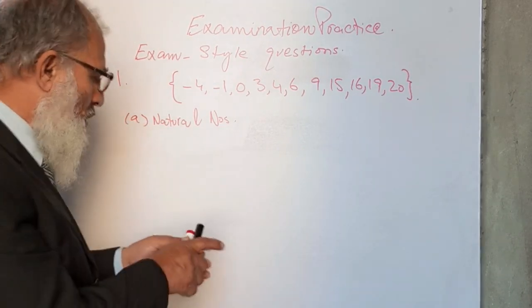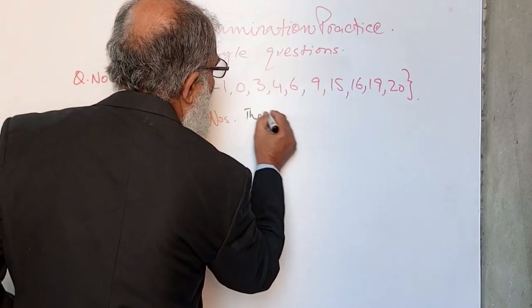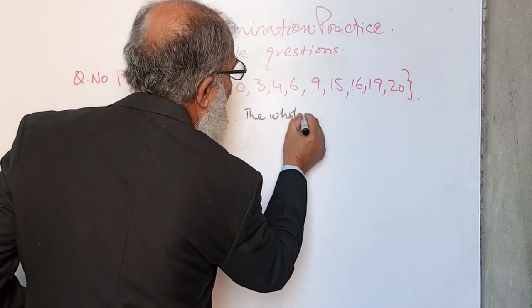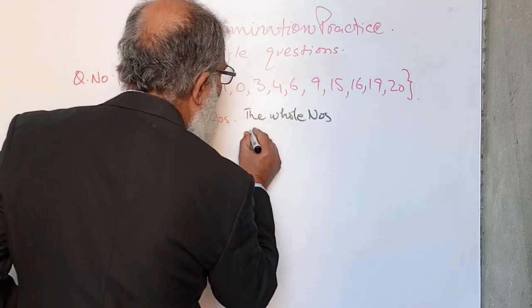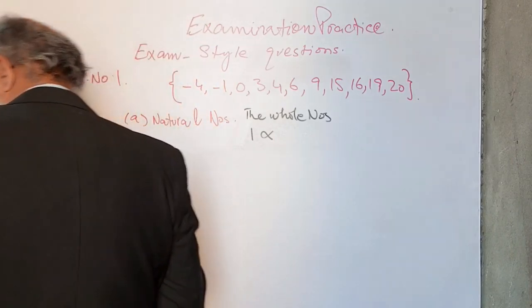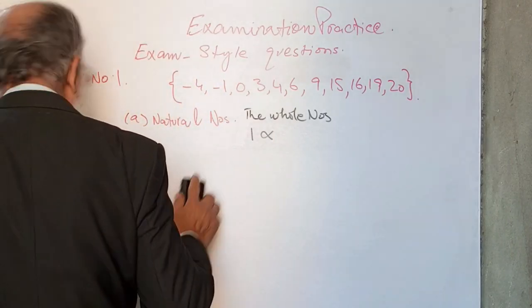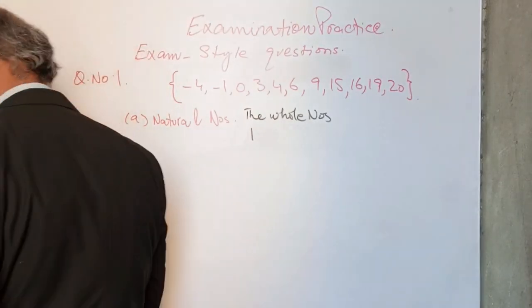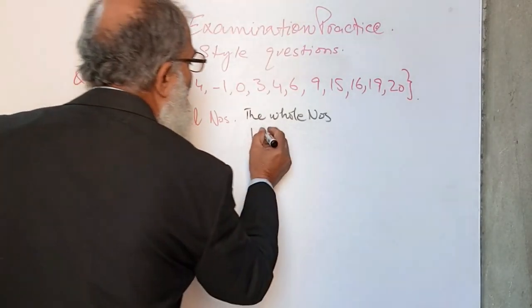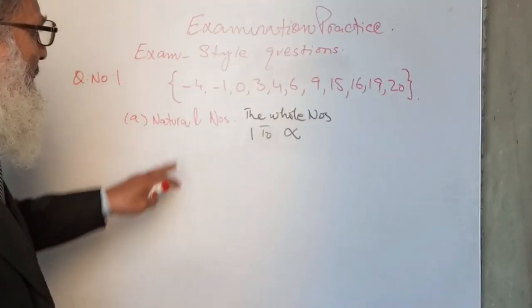from 1 to infinity are the natural numbers.